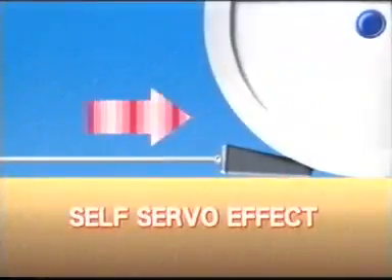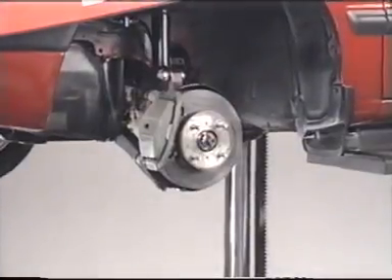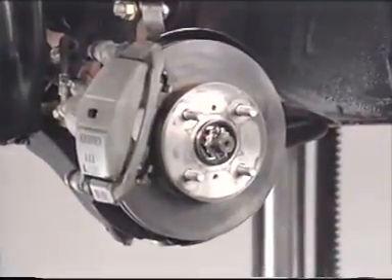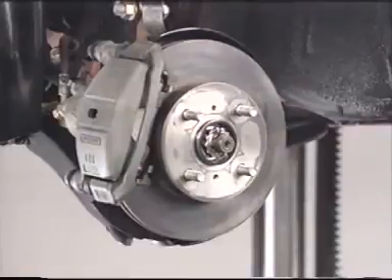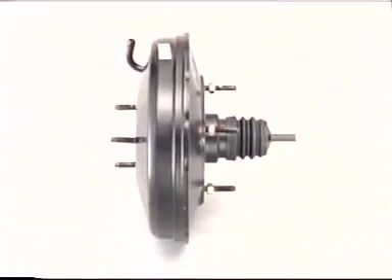The increased braking force is called the self-servo effect. The disc brakes, which press the rotor disc with pads from both sides, do not have this self-servo effect. So a larger power needs to be produced by utilizing the brake booster.